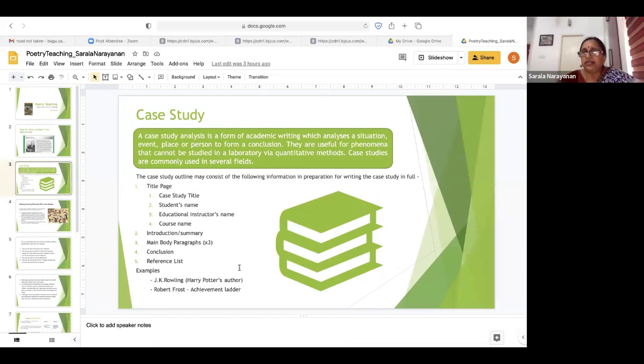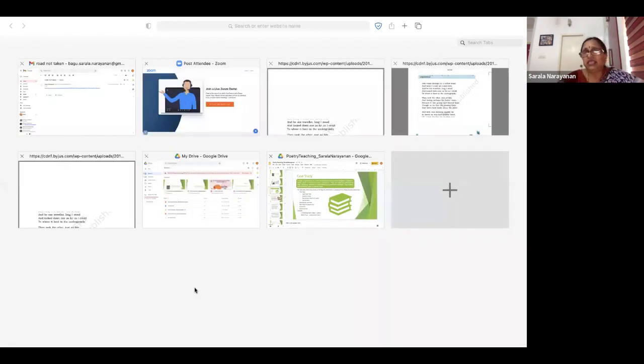Then you give an introduction or summary, and the body consists of all the important details, as we write an essay, then the conclusion. For example, I have told you about Robert Frost. And even the famous author J.K. Rowling, if you take Harry Potter, her books were never famous at first. Then slowly it started picking up, and now it is one of the best sellers.